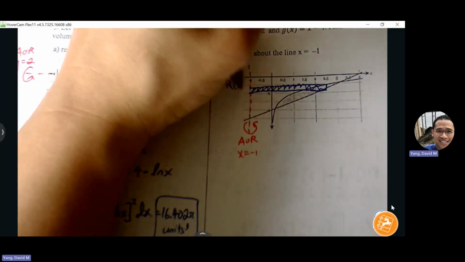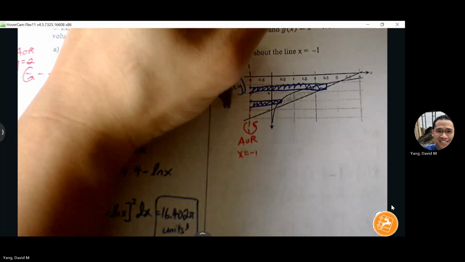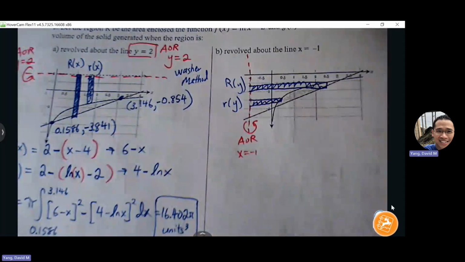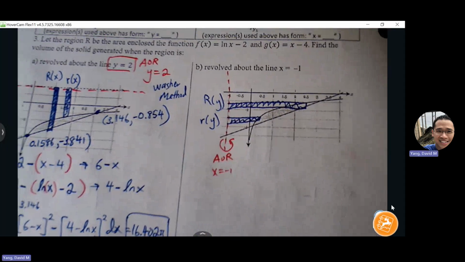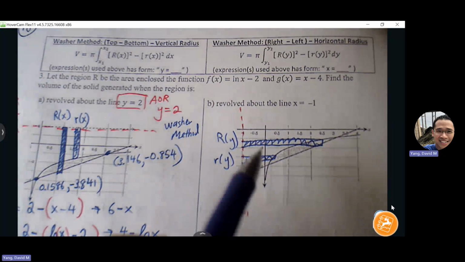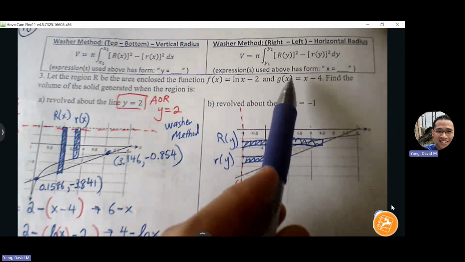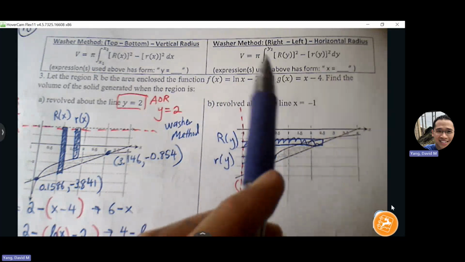Big R of Y. Little R of Y. Anytime we see a horizontal radius, that means we have to do what? Solve for X. Algebraically move things around, solve for X.